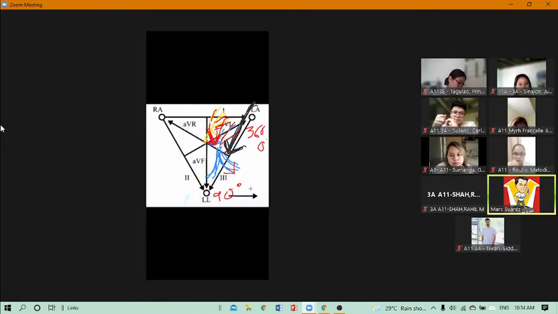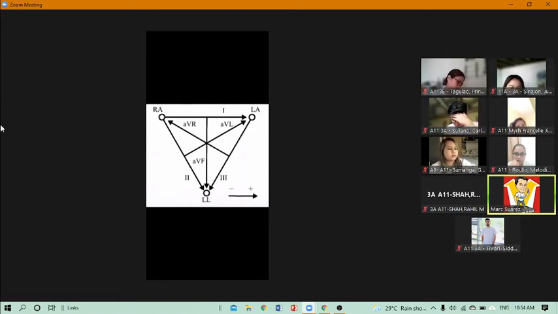Normally in individuals, the normal axis generated by the sum of all the negative and the sum of all the positive electrical potentials is located in this area in normal individuals.